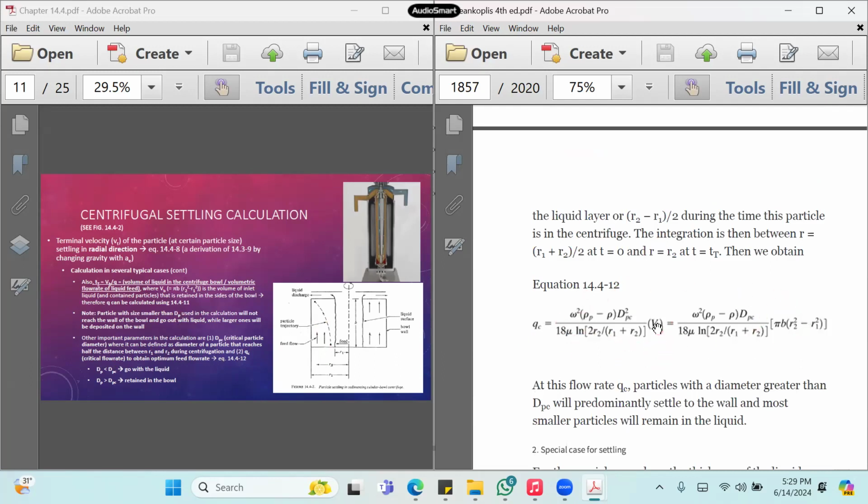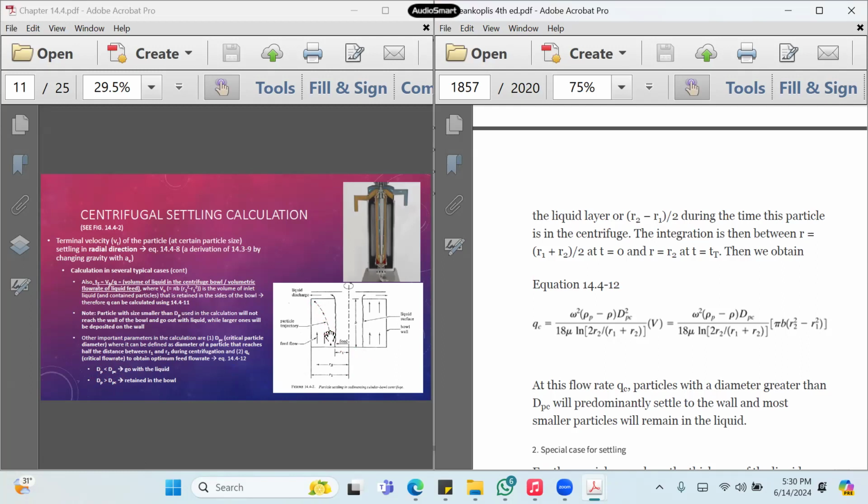So what does DPC imply? If the diameter of the particle is lower than DPC, then it will not reach the wall.